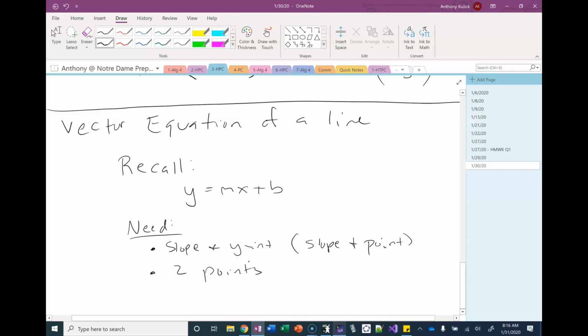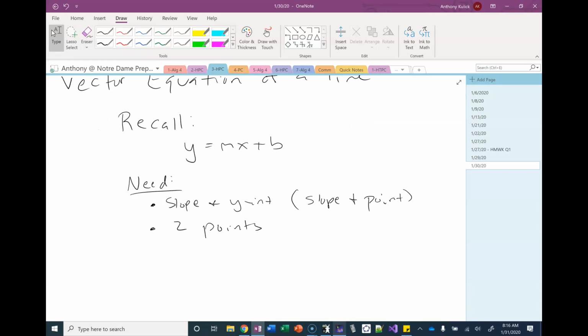So we're going to be using the same sort of information here. But we're going to now do the same process using the language of vectors instead of the language of points. This doesn't dramatically change the process, but we have to make some updates to account for the fact that we're using vectors.